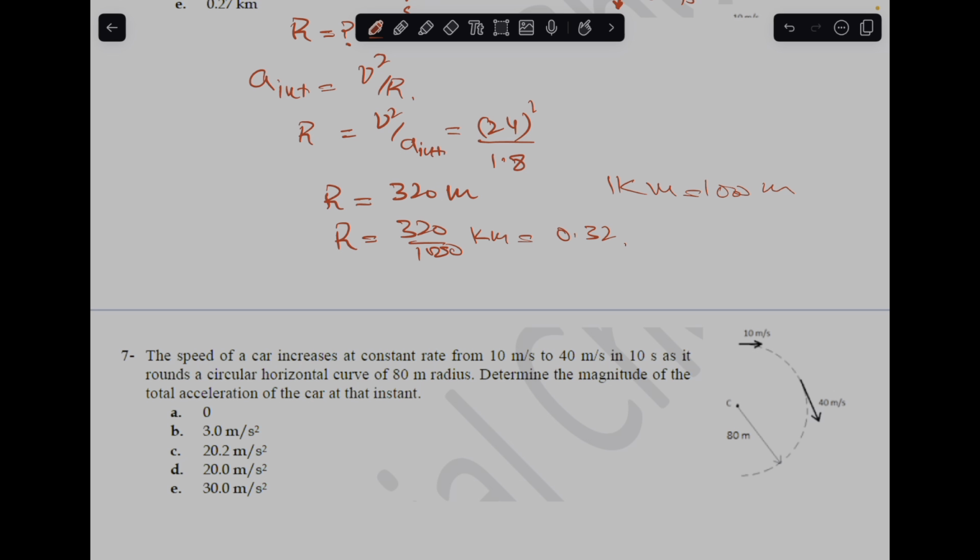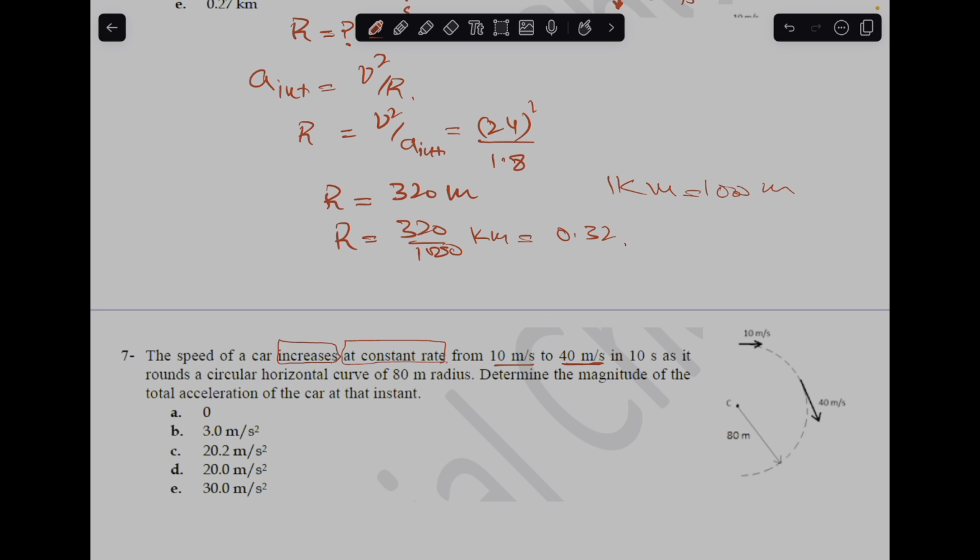Okay, problem number 7. The speed of a car increases at a constant rate. Increases, it means the speed is increasing from 10 meter per second to 40 meter per second. So these are your given velocities, v1 and v2.